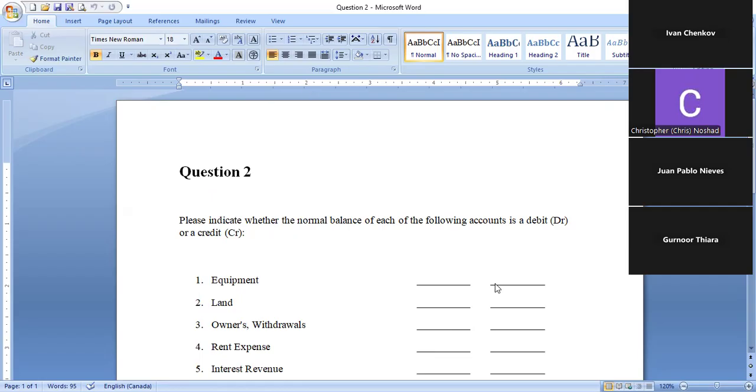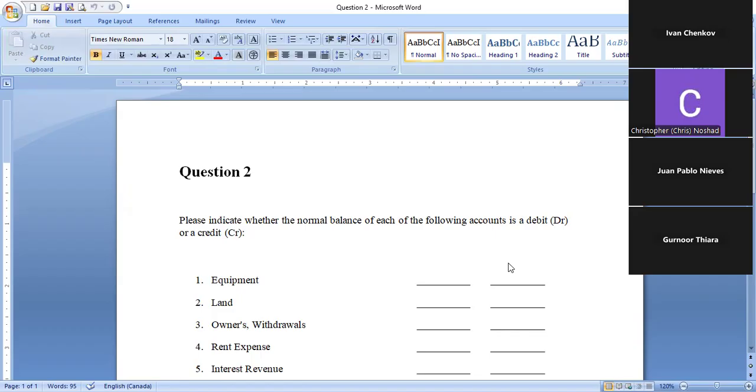Debit, okay? Excellent. Land. We have a land. Asset, okay? Normal balance. I want to see more people involved here. Okay, debit. Let's go with the owner's withdrawal.